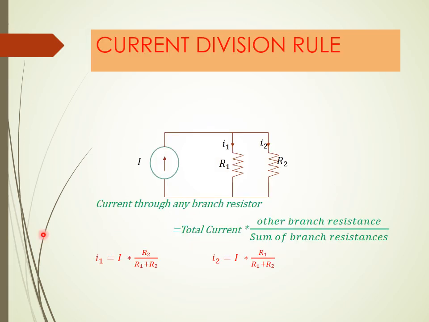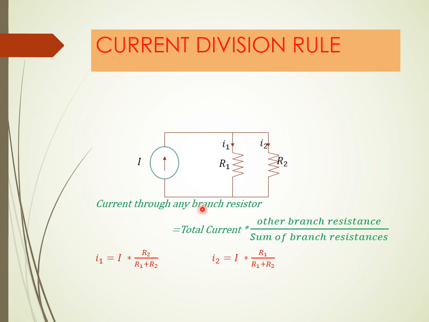Next, current division rule. This rule is used to find the unknown current through the resistors connected in parallel. So here in this circuit, two resistors are connected in parallel, R1 and R2. Using this rule, we can find I1 and I2.